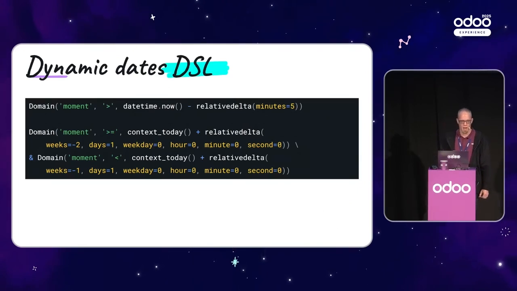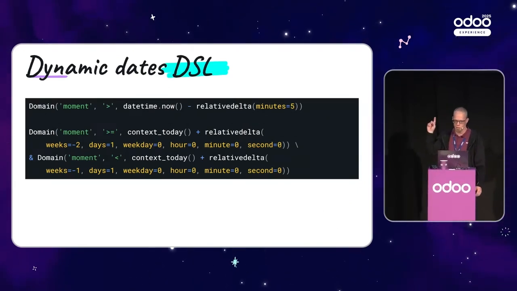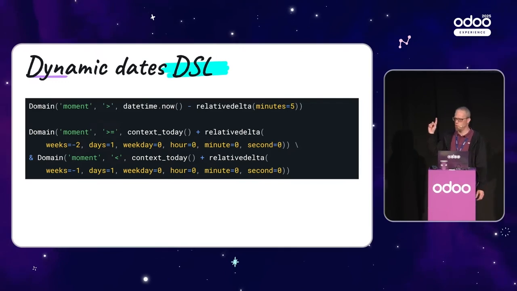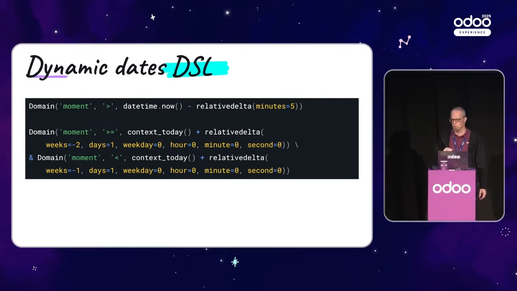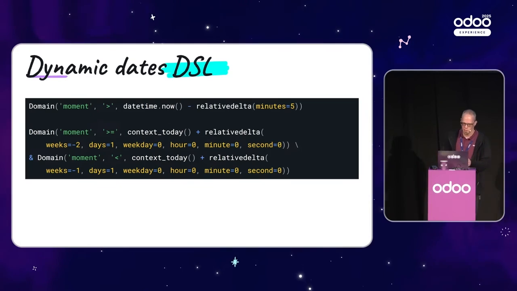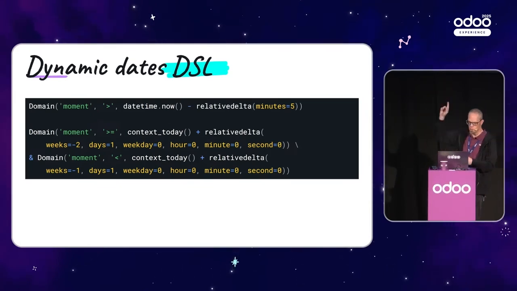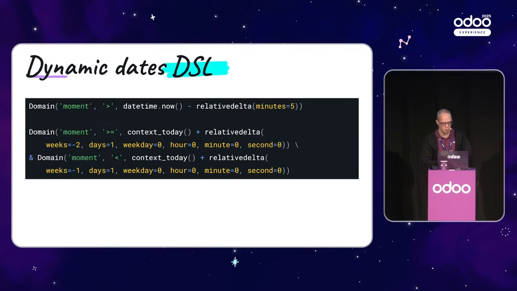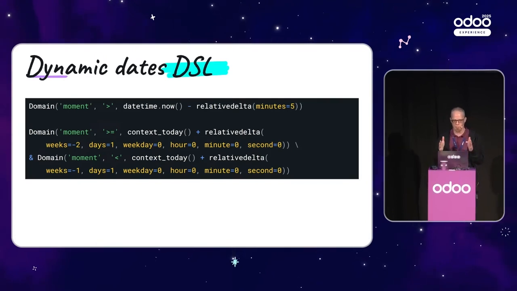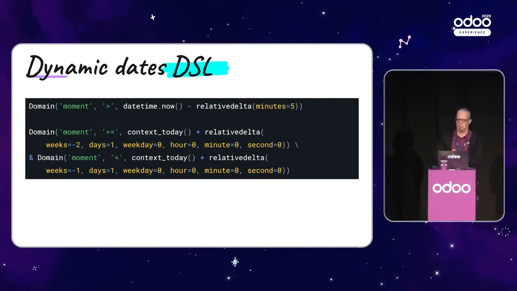One thing we've added, and that was pretty easy with this new domain structure, is a domain-specific language for dates, and essentially for relative dates. So I'll let you guess what the second one is for. So the first one is easy. Okay, you say the field moment should be after 5 minutes ago.